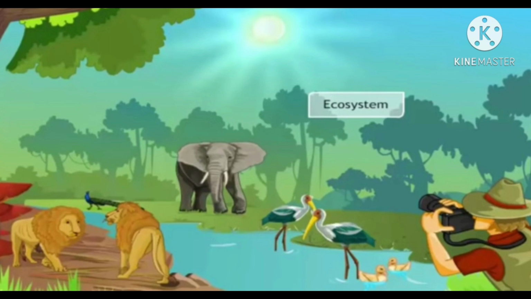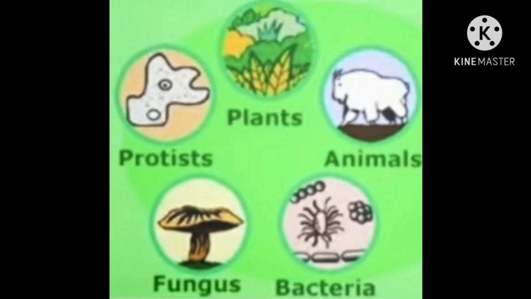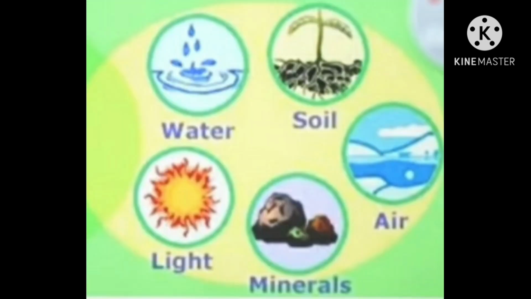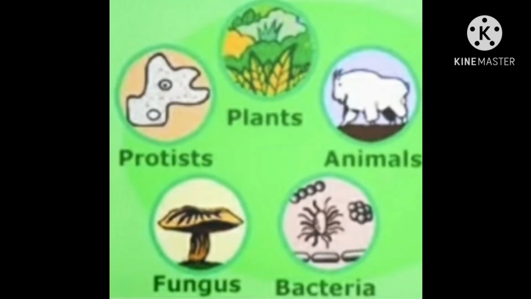Thus, an ecosystem consists of both biotic components comprising living organisms and abiotic components comprising physical factors like temperature, rainfall, wind, soil, and minerals. Biotic components include living organisms of an ecosystem.